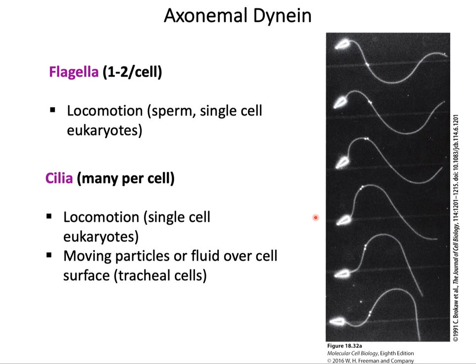On the right-hand side, with time-lapse video microscopy, is the image of the flagellum of a sperm cell in action. If you follow just this one point right here, you can see a bending in the neck region, then a wave is propagated through the flagellum to get that whipping motion that can propel the cell in a particular direction.